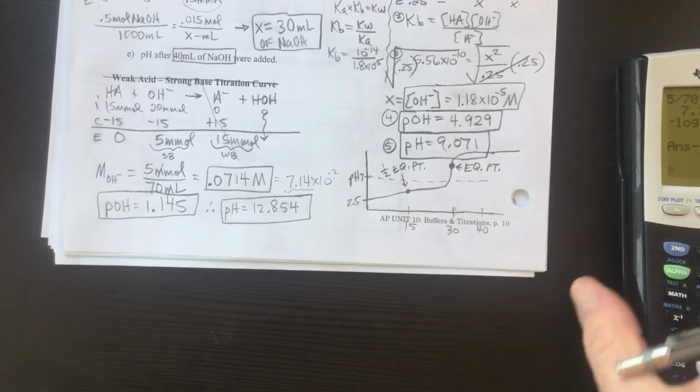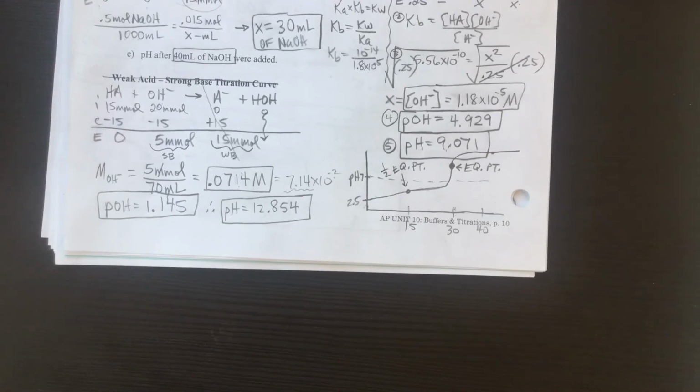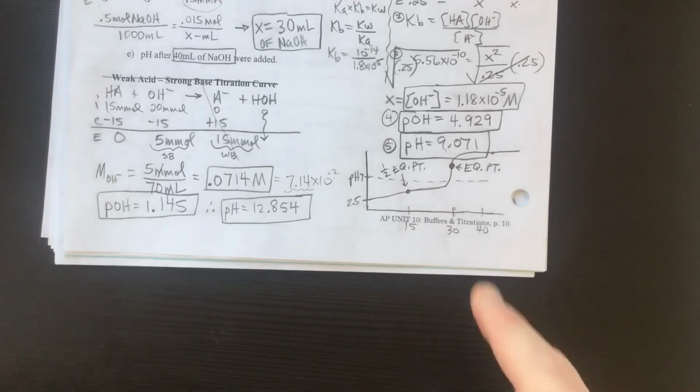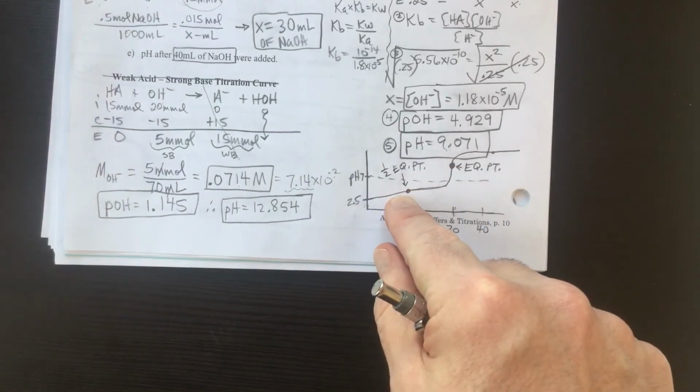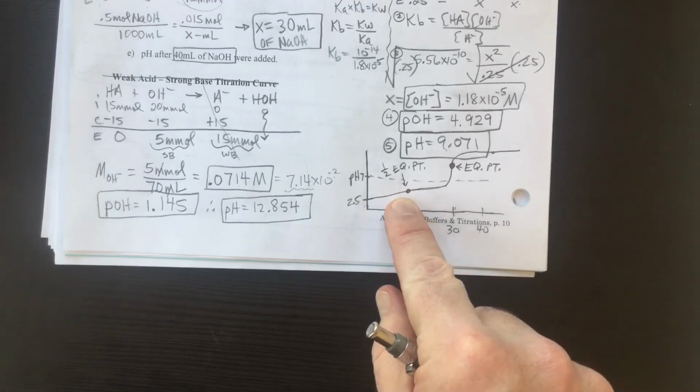You'll frequently be asked on the AP exam to either analyze a titration curve and label those parts, or you would be given those points labeled with a complete curve and then asked to utilize those in equations. So definitely know where the equivalence point is and its importance. Definitely know the half equivalence point and where it is and its importance.